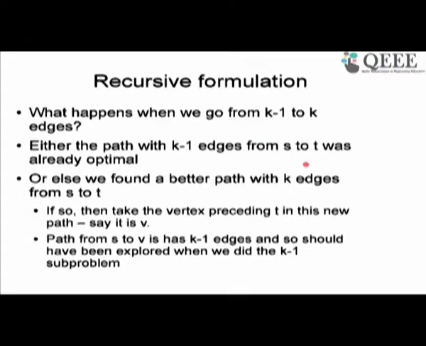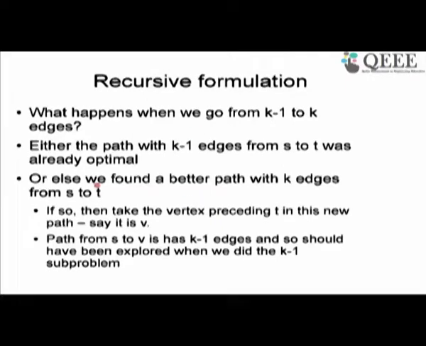To formulate it recursively, I would ask what happens when you go from k minus 1 to k, the inductive step, right? So there are two cases. When I go from k minus 1 to k, either the path that I found with k minus 1 edges was already the shortest path, or it was not the shortest path, but when I used another edge, which means I have k edges now, I found a new path which went through another node u.